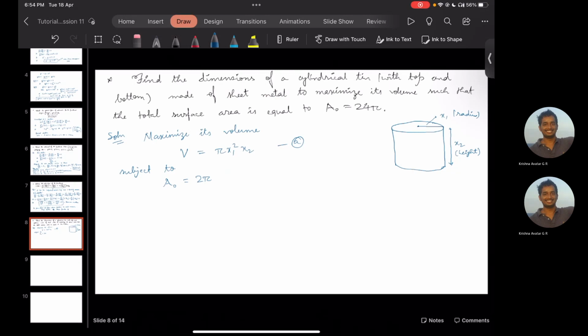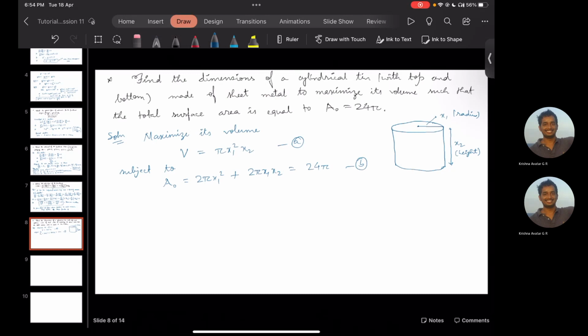Both are circles, so the area is pi x1 squared for one, and for both we have 2 pi x1 squared. For the curved part of the cylinder, we have 2 pi x1 x2, and this has to equal 24 pi. These are equality constraints.